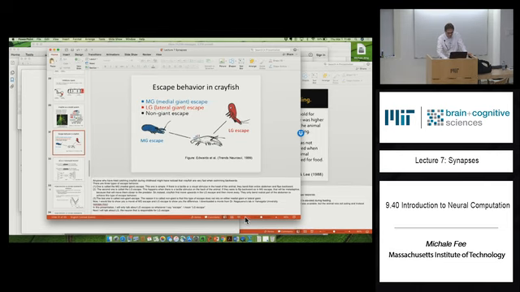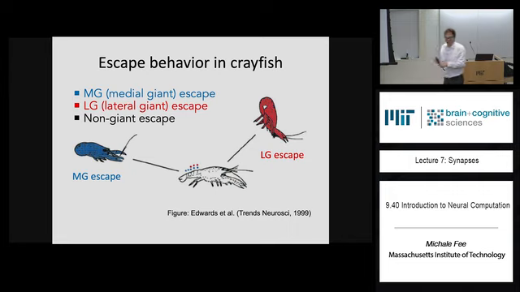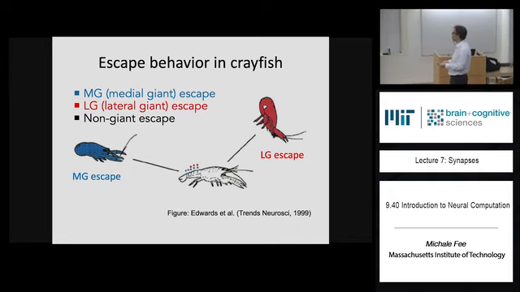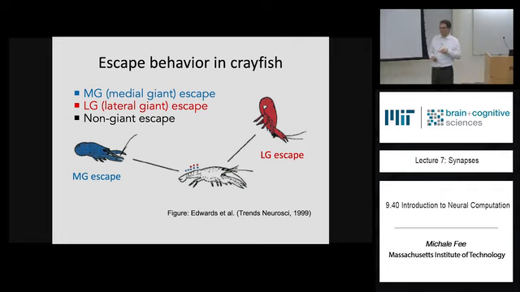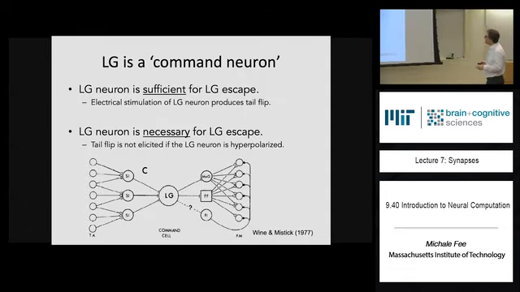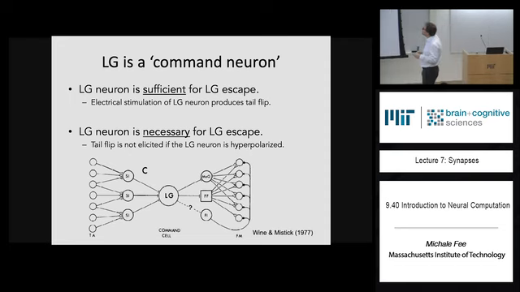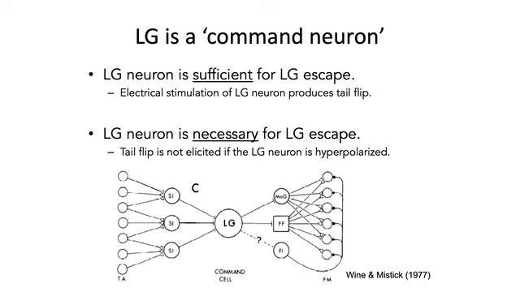Okay, all right. So I probably won't get very far in explaining the inhibition part, but you can at least understand a little bit more about this behavior. What's really cool is that inhibition is used to regulate these 2 behaviors, okay? First let me just say that that LG neuron, that lateral giant neuron, is known as a command neuron.